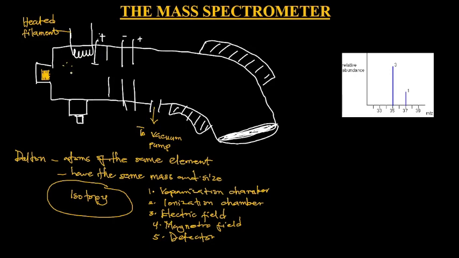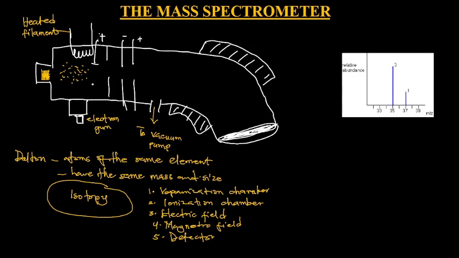This is very hot and so it causes the sample to vaporize. When it vaporizes, what happens next is that we have the electron gun, which is used to shoot electrons.